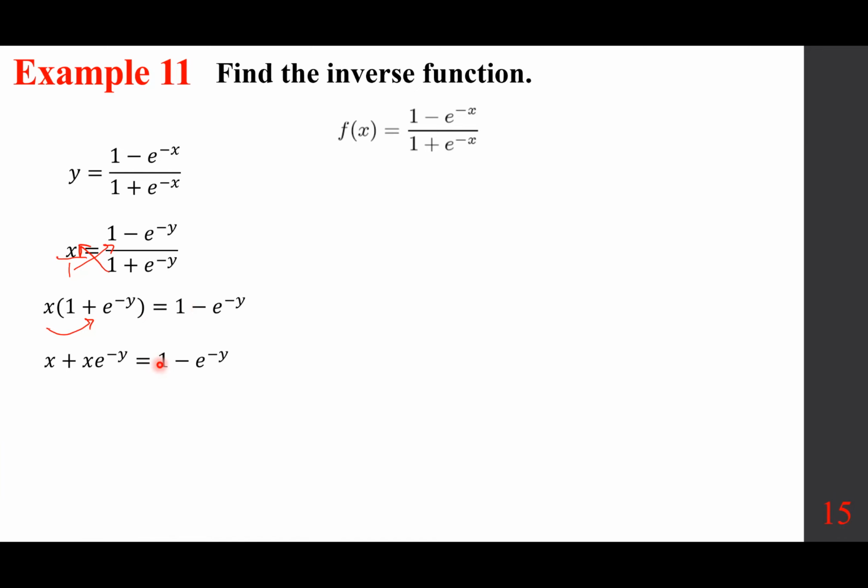So if we multiply by e to the power of y, what happens? This becomes e to the power of y times x. This becomes x. E to the power of minus y and e to the power of y becomes e to the power of 0 or 1, simply x. 1 times e to the power of y minus the product of these two, again, is e to the power of 0 or 1. So when we multiply by e to the power of y, it creates this one. I hope everybody can see this.